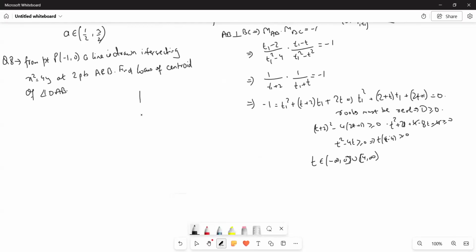What kind of a parabola would x² = 4y be? It is an upward opening parabola. (−1, 0) would be a point over here. So a line from here cuts the parabola at 2 points A and B, and we have to find the centroid of the triangle OAB, O obviously being the origin.